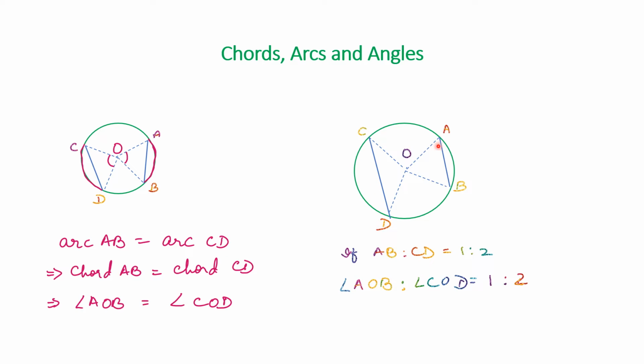If the ratio of the length of AB to the length of CD is 1:2, then the ratio of angle AOB to angle COD is also 1:2.